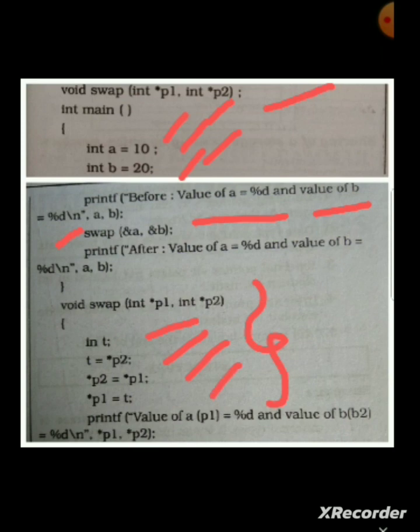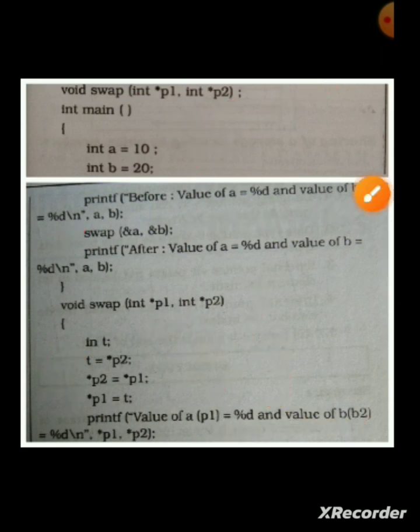Nothing is changed except the hashtag symbol. This is called a pointer. T equals pointer p2, pointer p2 equals pointer p1, pointer p1 equals t. The same set of code I have written everywhere. Printf also the same thing. Pointer p1, pointer p2.